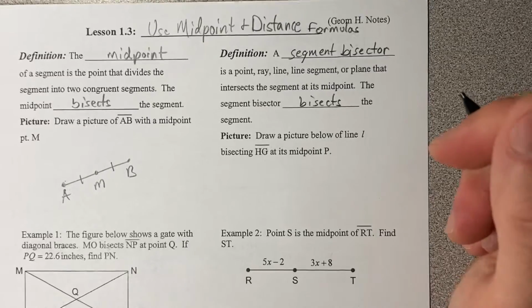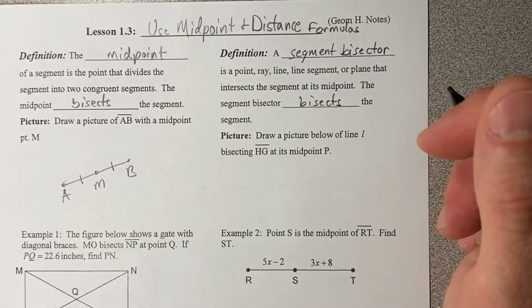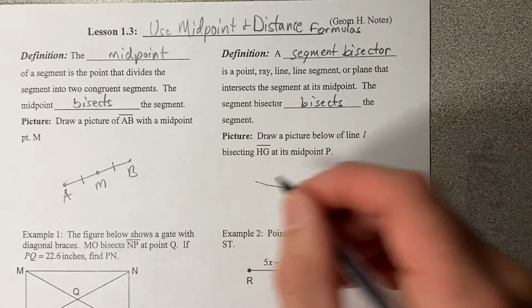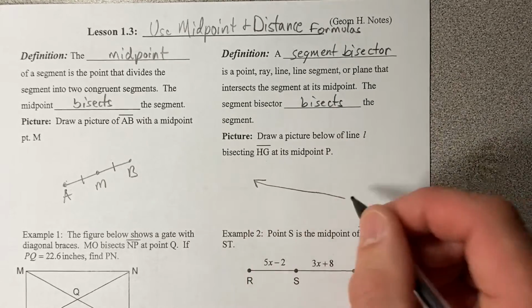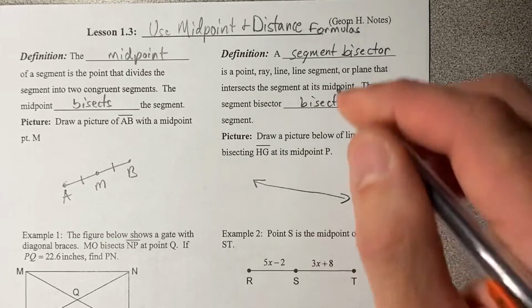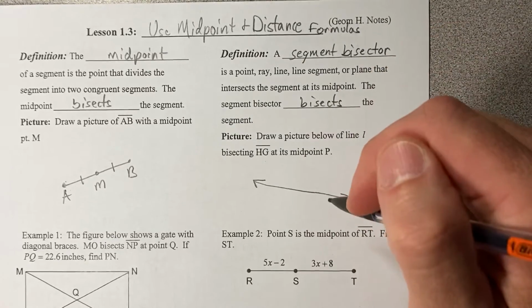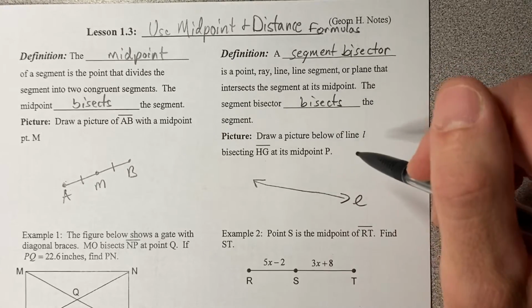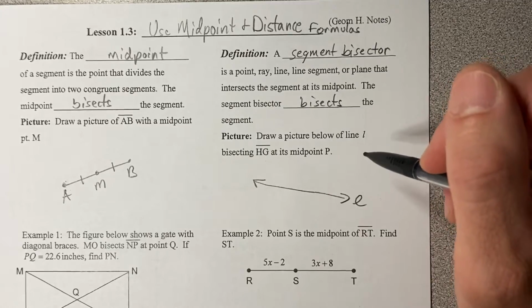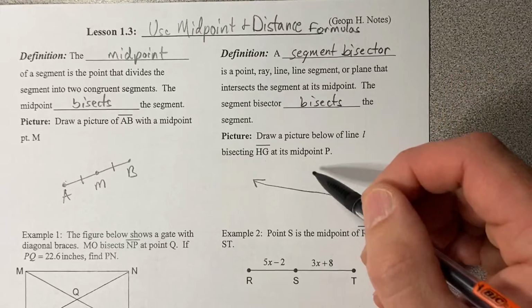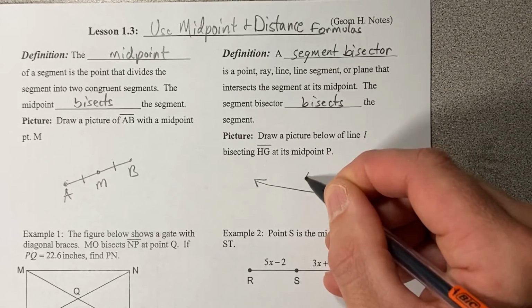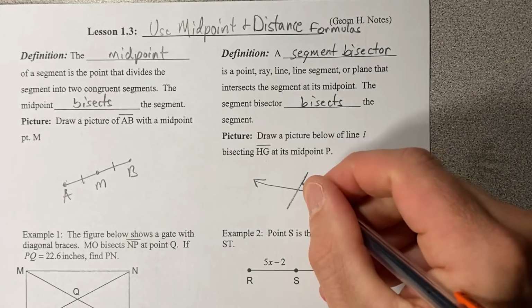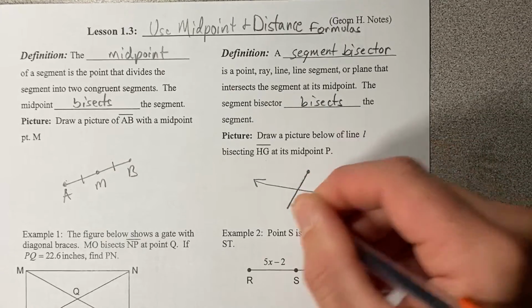It says draw a picture below of line L, and line L is going to be bisecting line segment HG at its midpoint P. So I'm going to draw HG, and I'm going to try to balance it out to be about the same on both sides.